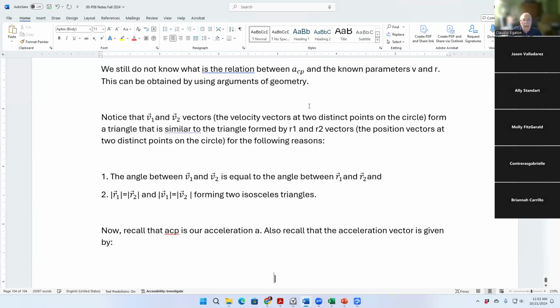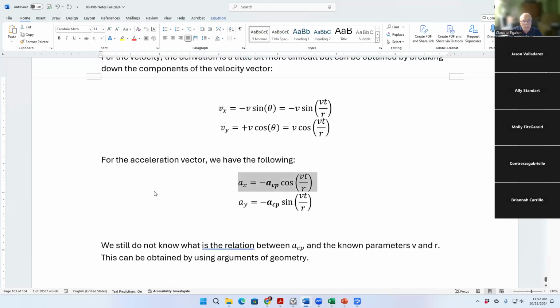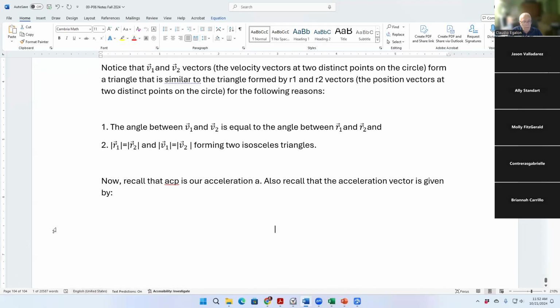Let's get that, this one here. The acceleration vector is given by what?